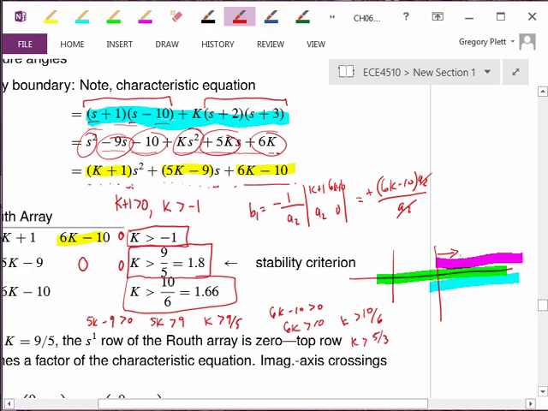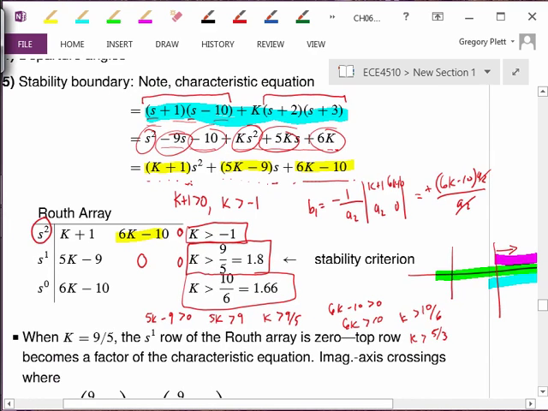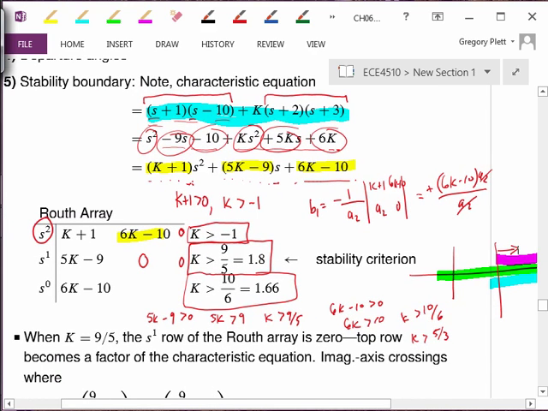When k is equal to 1.8, I have a situation where I've got marginal stability. If it's bigger than 1.8, completely stable, all the poles are in the left half plane, but less than 1.8, it's not actually stable. So this gives me the value of k for marginal stability.